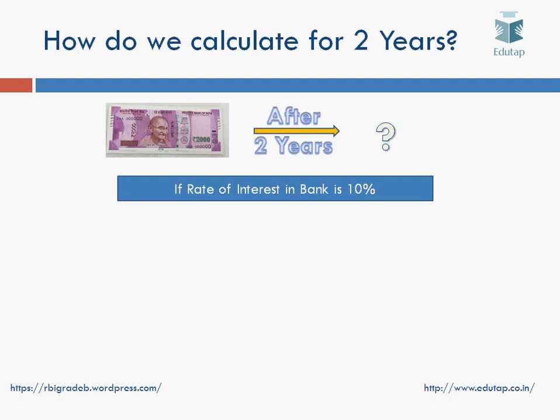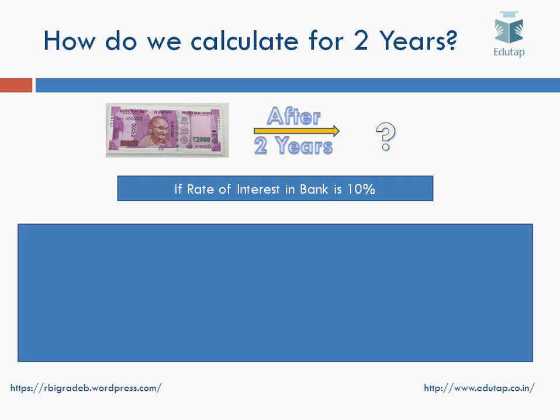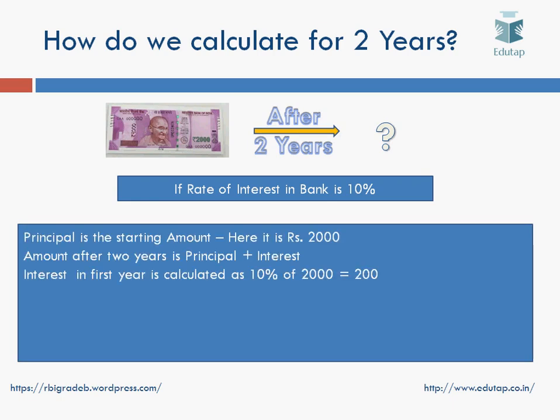And now how do we calculate after 2 years? In the previous example we calculated after 1 year, and now let's see how we calculate after 2 years. So again, the principal, which is the starting amount, here would remain 2000. The amount after 2 years would be the principal and the interest for those 2 years. So the interest in the first year would be calculated as 10% of 2000, which is 200.